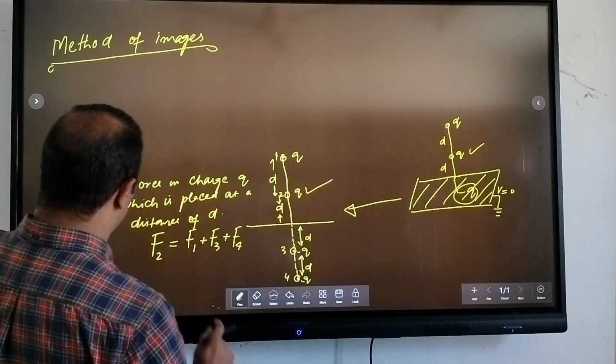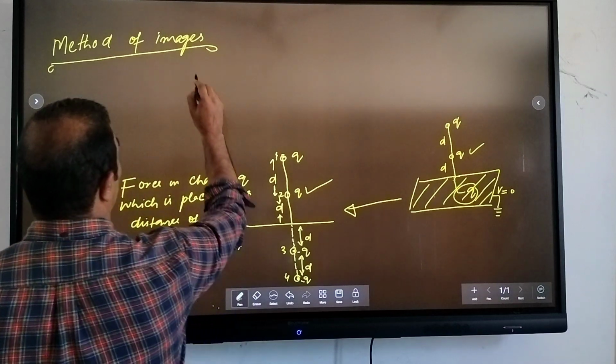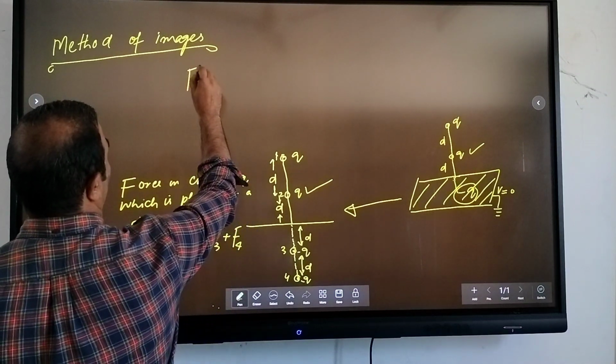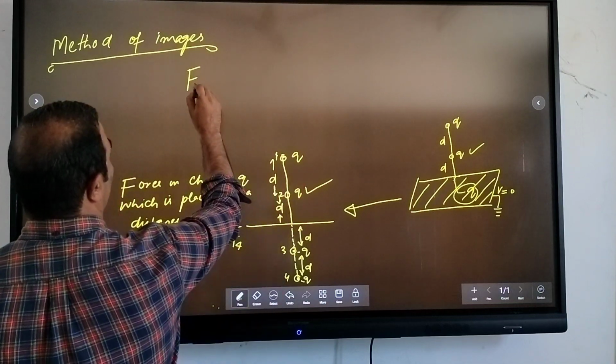Okay, so let us write now the total force. First, the force due to the charge at point 1.